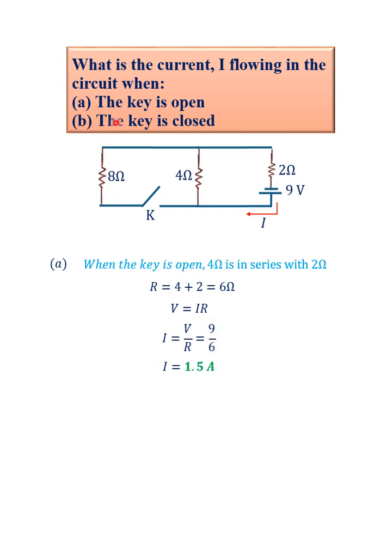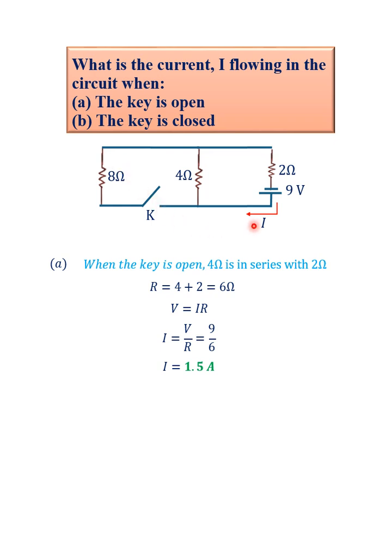Now let's look at part B, when the key is closed. When we close this key, what happens? It means there is now a continuous path for current to flow. So this current I flows, gets to this point, and splits. Part of the current goes through this 4 ohms, while the remaining part continues through this closed key, through this 8 ohm resistor.